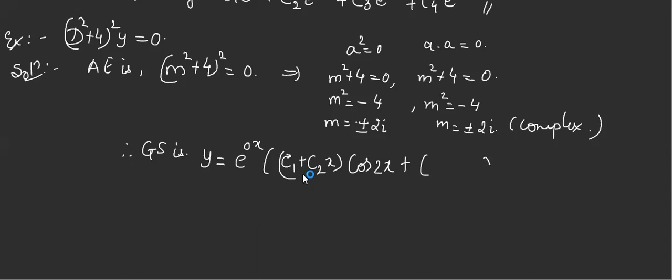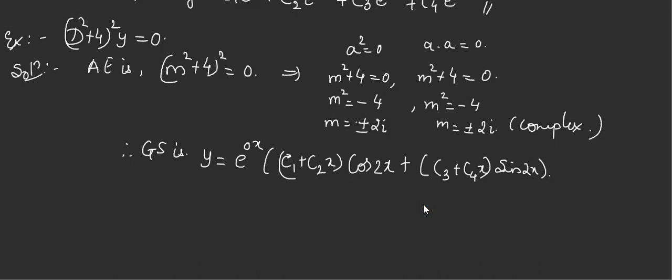Can you tell me what you will get here then? C3 plus C4x. Correct? Yes, this is one case where we have got like that. This is very rare. But is it clear that if you get, suppose by mistake, complex as well as equal roots, this has to be maintained.